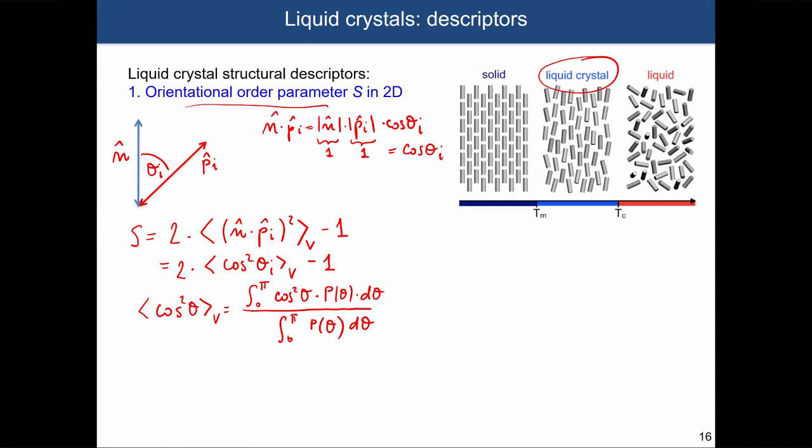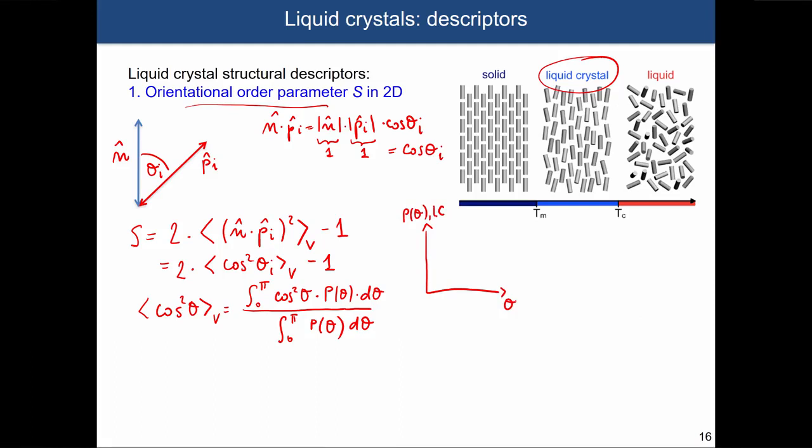The question is, what is this probability that you will find a certain orientation of a molecule? In liquid crystalline materials, as we mentioned last time, this probability would look somehow like this. So if this was the probability for the liquid crystalline material, how would this look like?